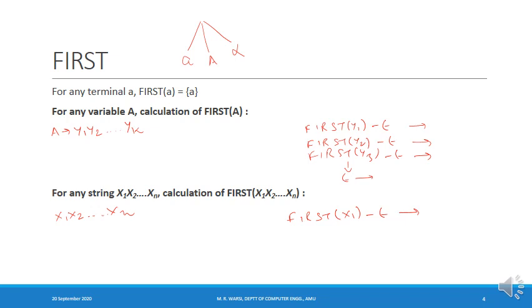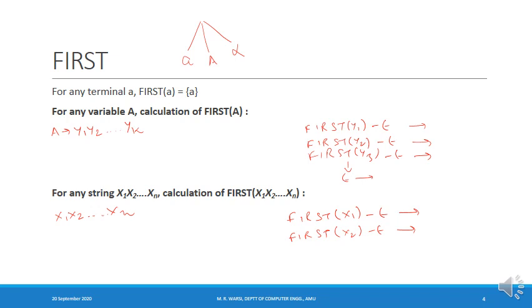If the first of x1 is containing epsilon, what is the significance of this? The significance of this is that during the course of the derivation, x1 may get reduced to epsilon, and in that case this string will become equivalent to x2, x3 and so on up to xn, and x2 will be coming at the beginning. So then in this case, I'll be adding first of x2 minus epsilon to the first of given string.